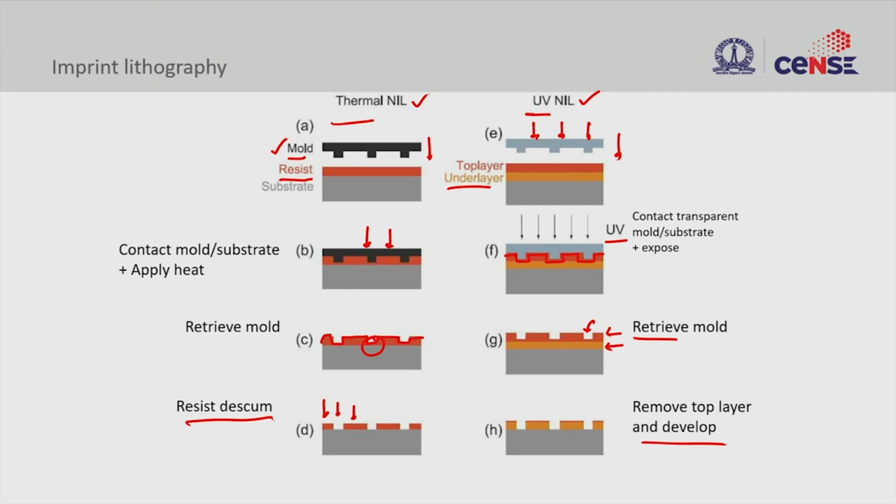The same contact lithography tool can be used, but you may need nano imprint lithography attachments, either a heated chuck or a transparent mask or mold. This is a very popular lithography technique among the academic community, and it is very cheap. Once you make the mold, you can use it repeatedly if you apply the right force and do not break the mold.